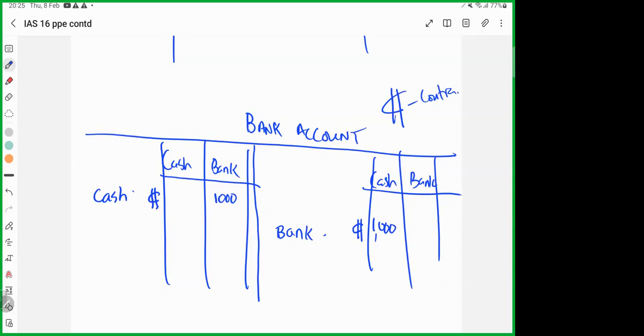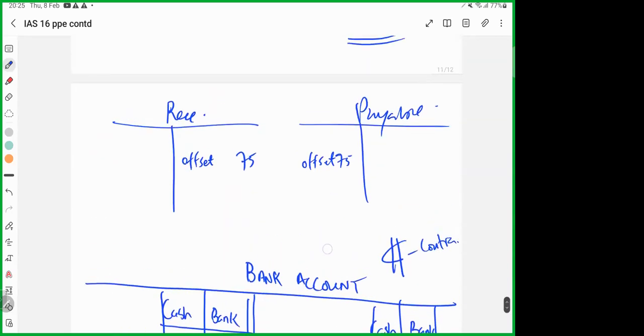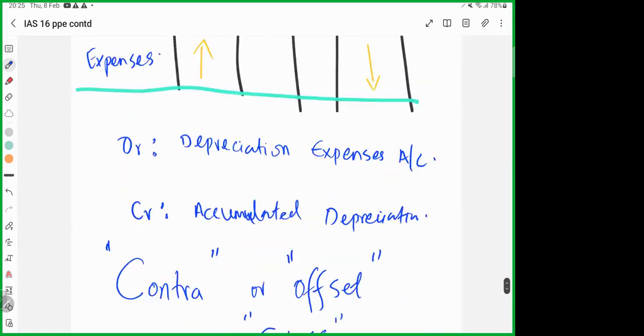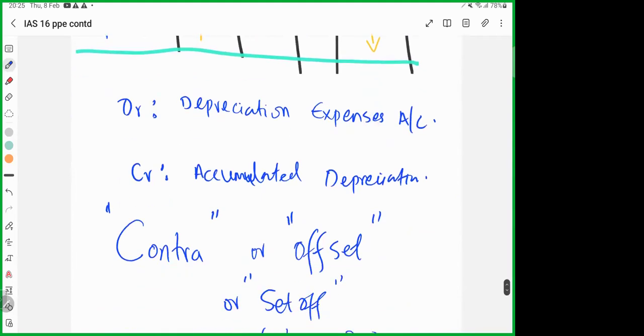So these are the common possible places where the term contra is being used. But based on my knowledge, it is not applicable to depreciation. Haitham: I think we have used it in depreciation sometimes.